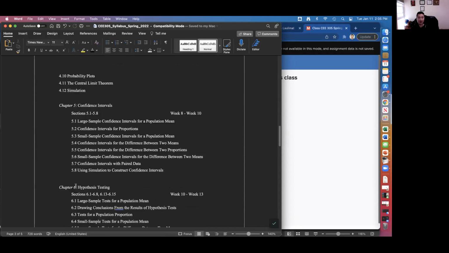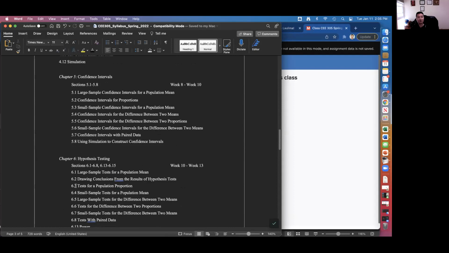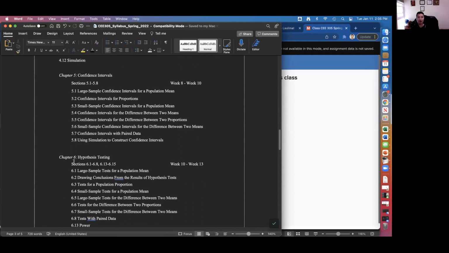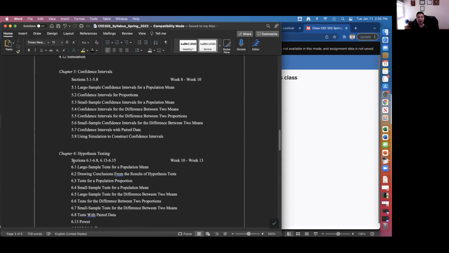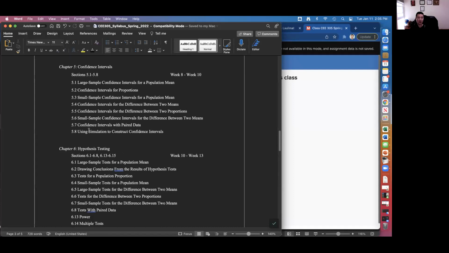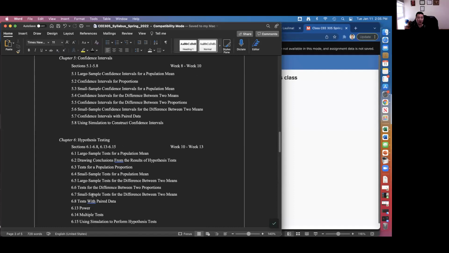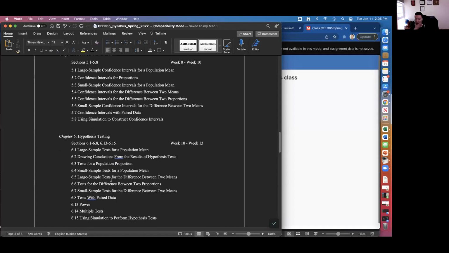The second half will be chapters 5, 6, and 7. Chapter 5 is called confidence intervals. Depending on the scenario, we calculate the so-called confidence intervals. Chapter 6 is called hypothesis testing. Again, similar to chapter 5, for different situations we do hypothesis testing.